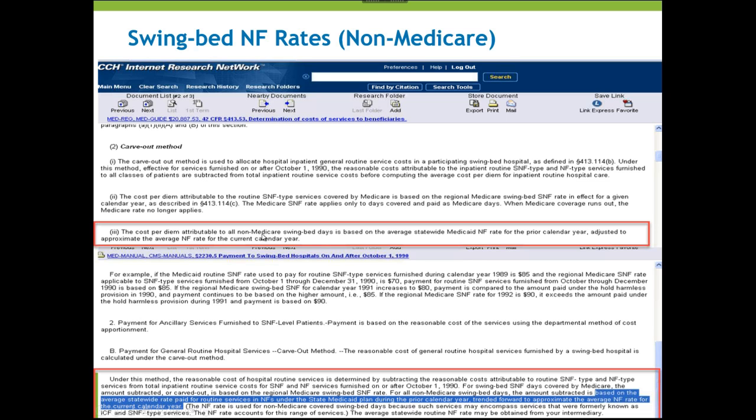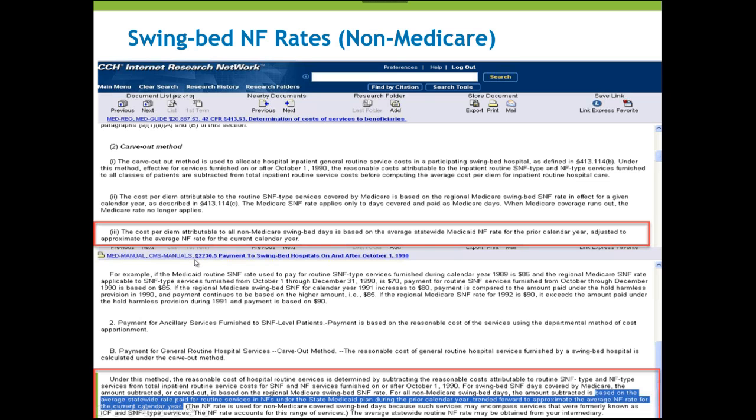Again, non-Medicare is the NF days, the nursing facility days. That's based on the average statewide Medicaid NF rate for the prior calendar year. So again, the average rate for the prior calendar year adjusted to approximate the average NF rate for the current calendar year. So keep that in mind, and let's go down to the policy that says essentially the same thing.